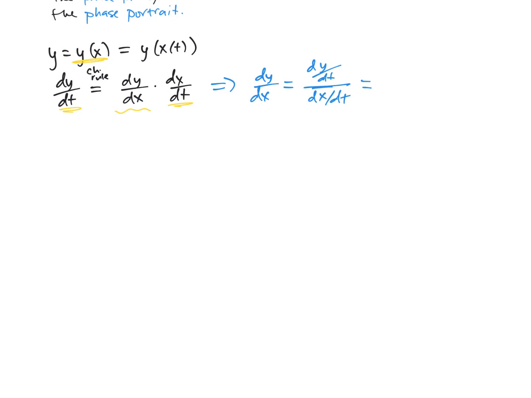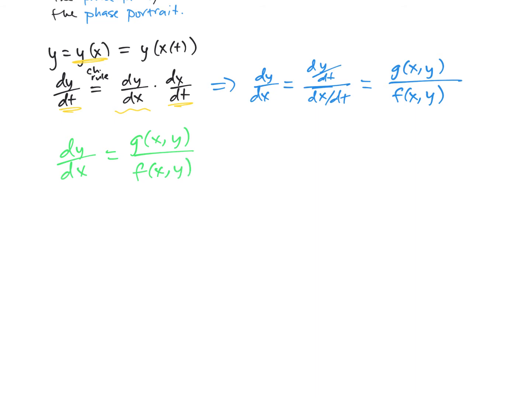So that's g of x,y over f of x,y. So this gives us a new differential equation that I'll rewrite here: dy/dx equals g of x,y over f of x,y.